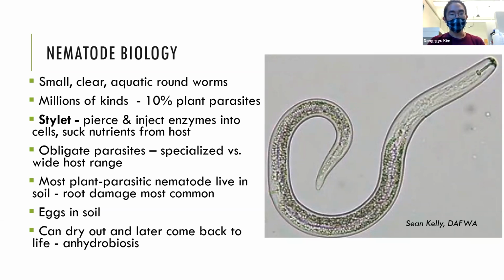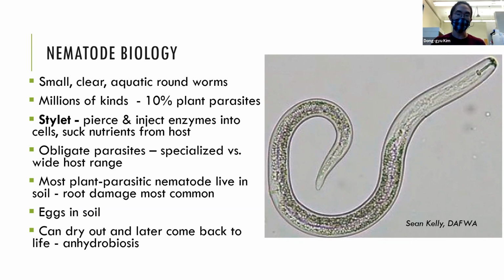So plant parasitic nematodes are parasites, but they're also obligate parasites, meaning that they have to spend most of their life cycle feeding off of their host, otherwise they're not able to sustain themselves.